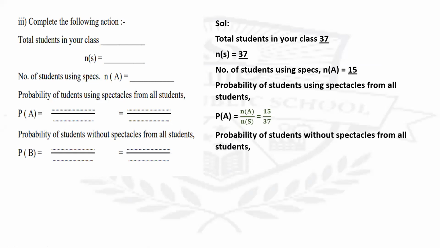Probability of students without spectacles. Now check here, 15 students out of 37 are using the spectacles. So that means N of B, without spectacles, would be 22. What is the probability? It's N of B upon N of S. That is 22 upon 37.